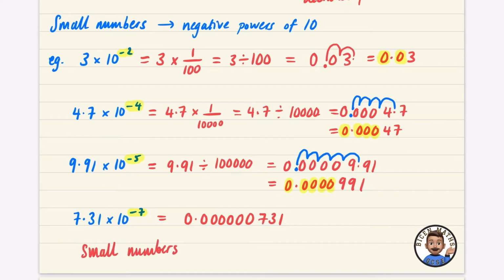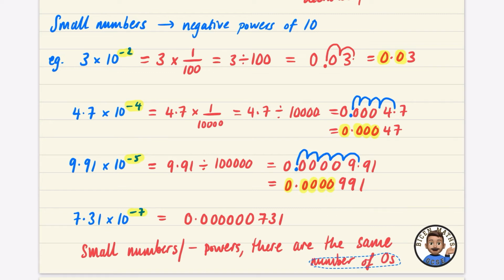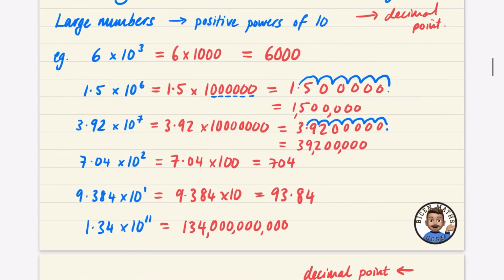So for small numbers or negative powers, there are the same number of zeros as the power. But for big numbers or positive powers, that wasn't true.